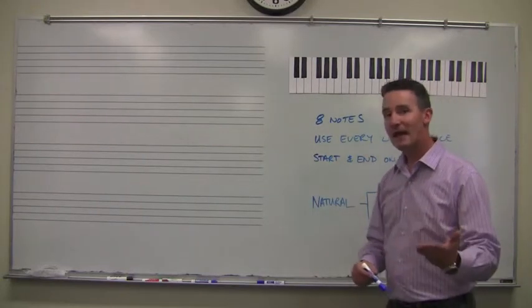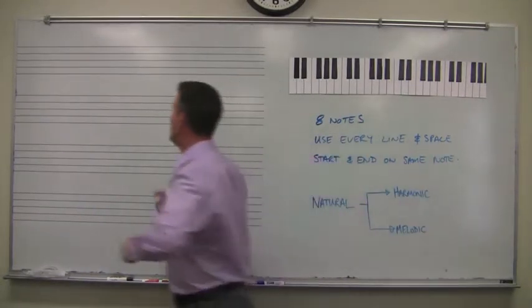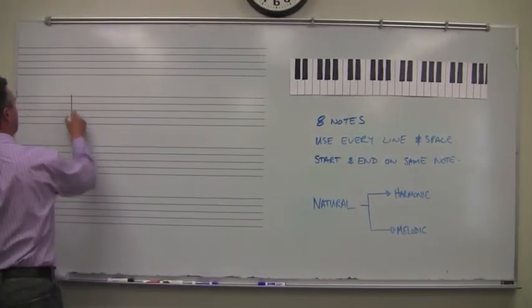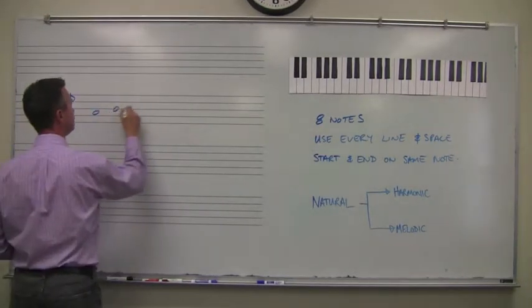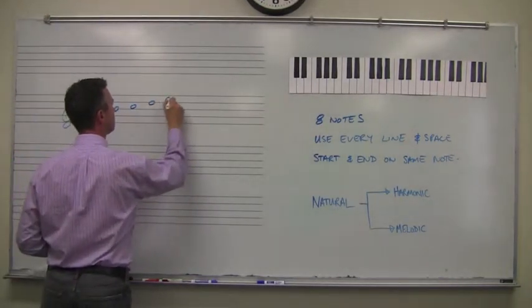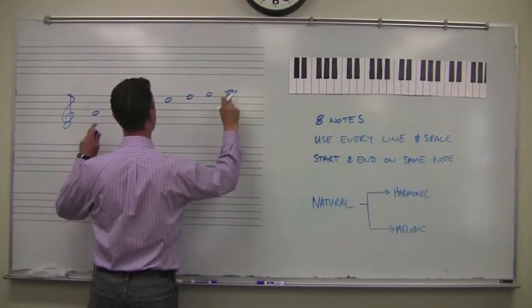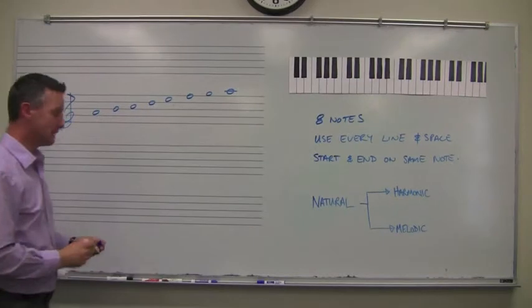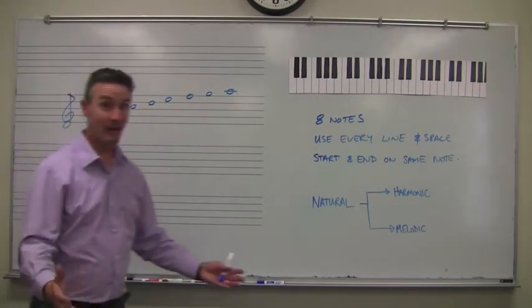The place that that happens for minor scales is on A. If I were to write, following the criteria that I have outlined, starting on A, using all the lines and spaces between A and A, making sure I start and end on exactly the same note, then I have the basic outline for a scale.